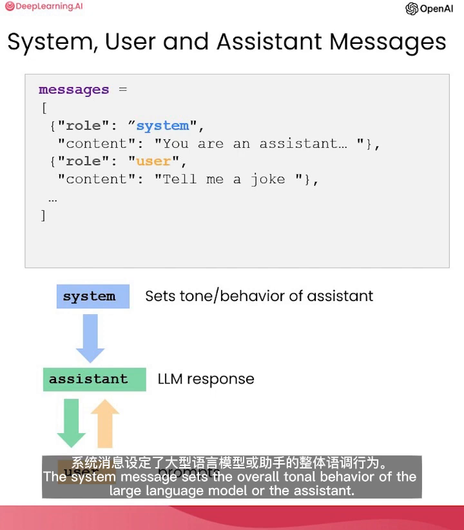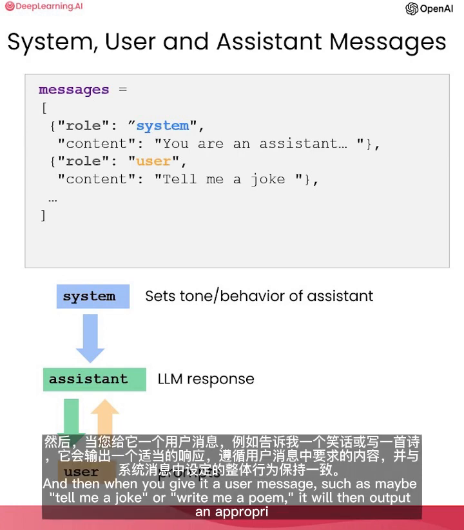The system message sets the overall tone of behavior of the large language model or the assistant. And then when you give it a user message, such as tell me a joke or write me a poem, it will then output an appropriate response following what you asked for in the user message and consistent with the overall behavior set in the system message.